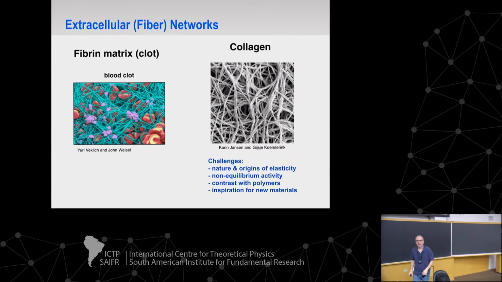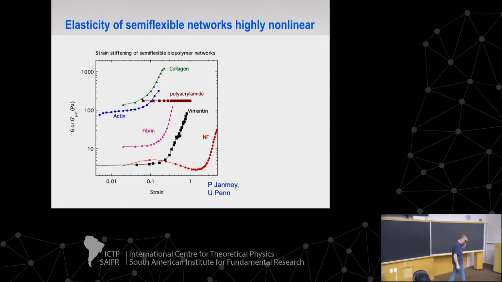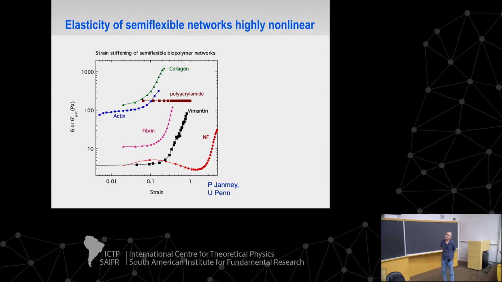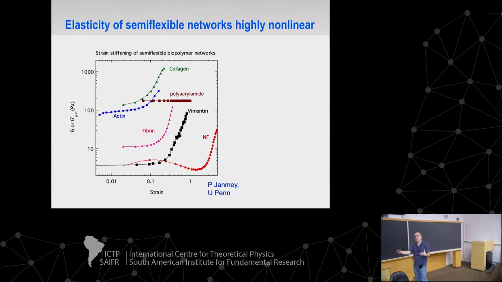I'll start talking about single filament properties, but I want to already give you a sense of why we might want to try and model these systems or understand them theoretically. They're very different from flexible polymer systems as macroscopic networks. Not only do you have differences of local structure, but there's a characteristic response of tissue and even single cells, which is radically different from something like rubber.